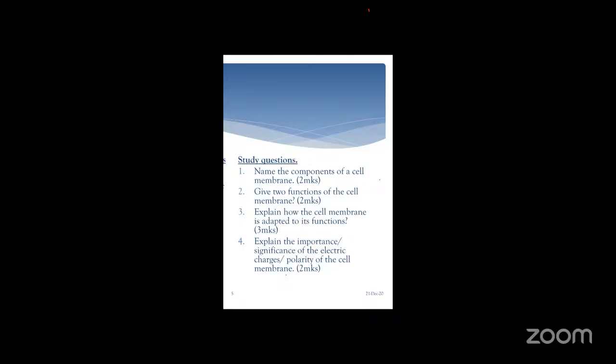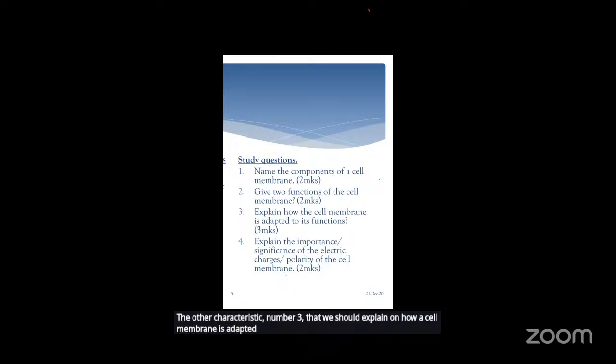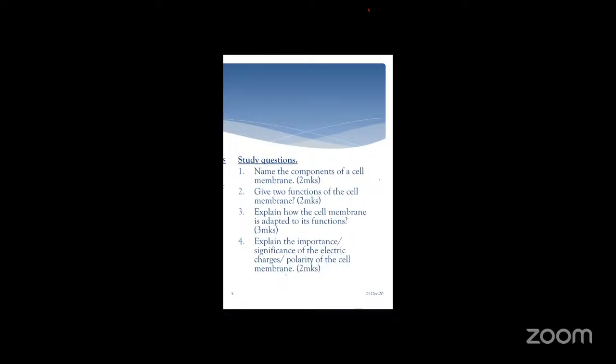The other characteristic, number 3, that we should explain on how a cell membrane is adapted to its function is that some substances are prevented from passing through.